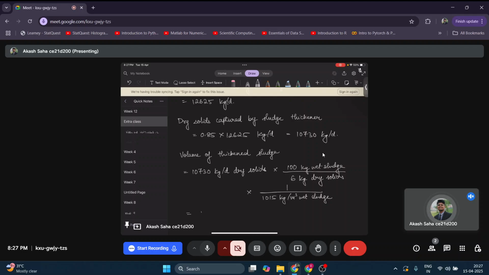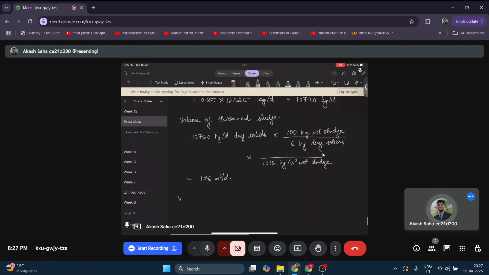So that will be equal to 176 meter cube per day. So my volume of thickener overflow will be equal to 500 minus 176. That is 324 meter cube per day.